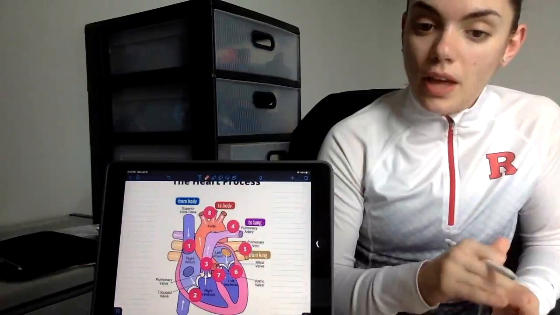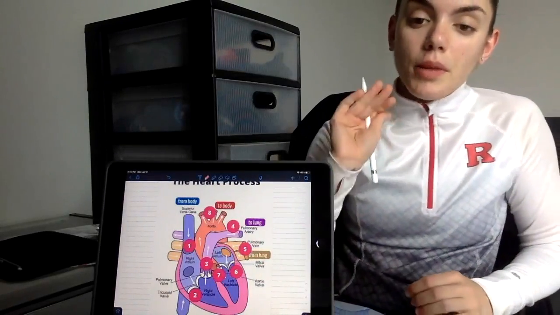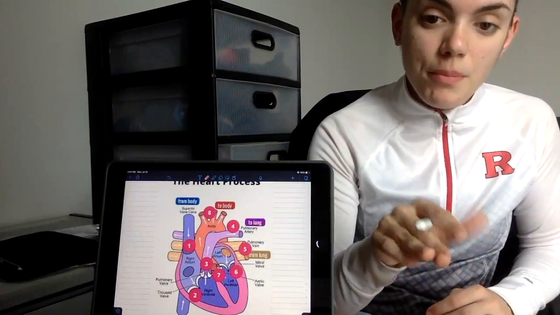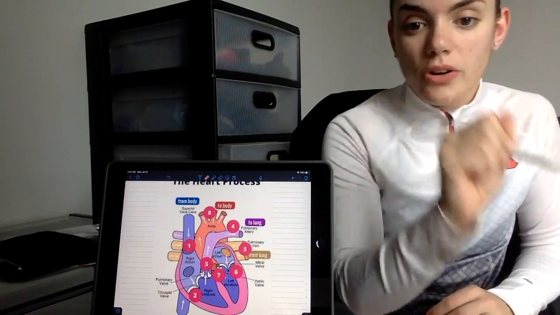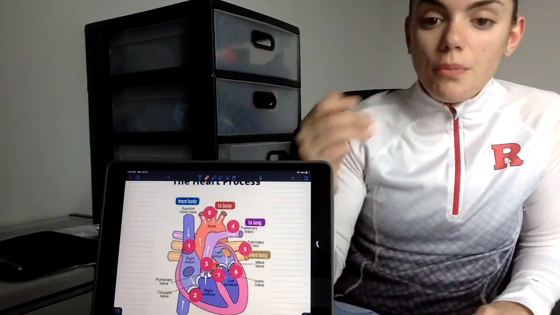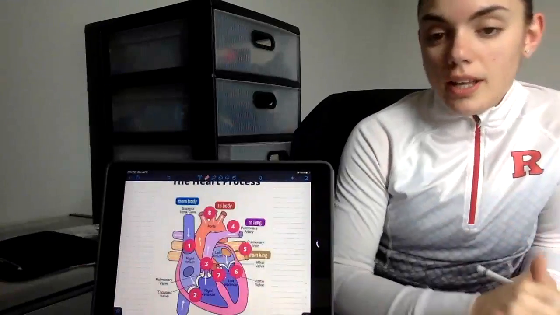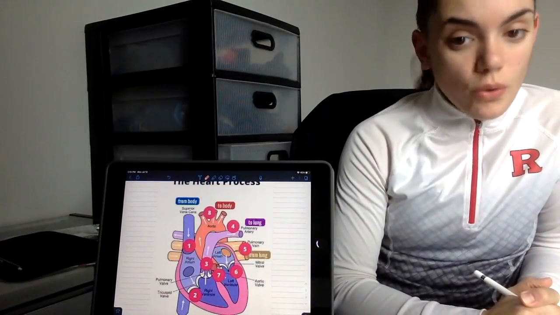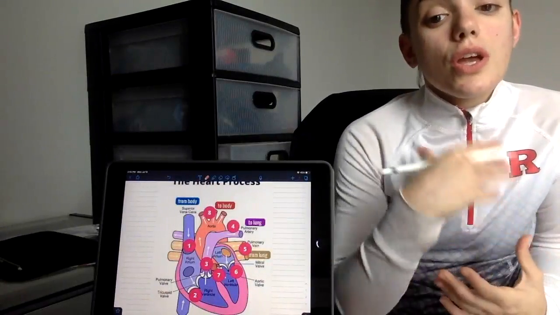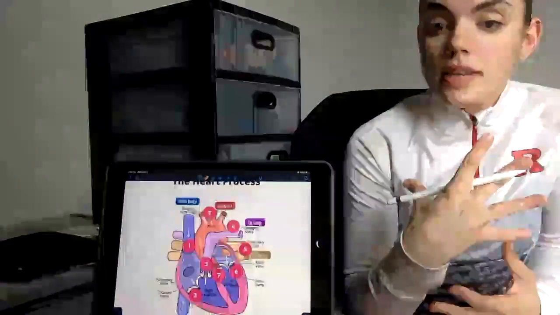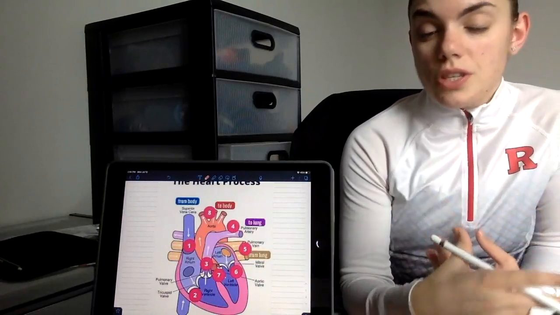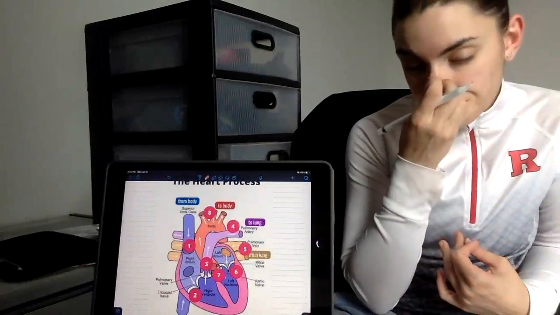Now, arteries are the opposite. They bring blood away from the heart. I remember artery starts with an A, so artery, away from the heart to target areas, the organs, the bones, in order for those areas to get the nutrients and the oxygen that they need from the blood.